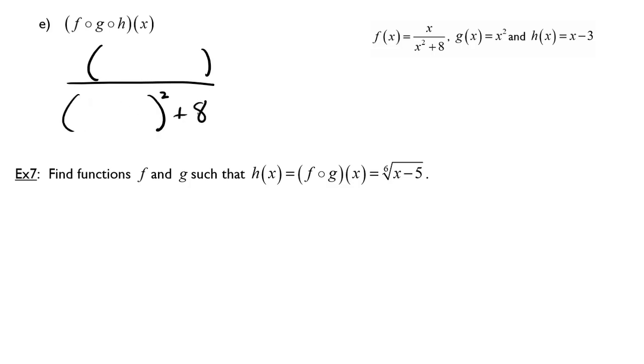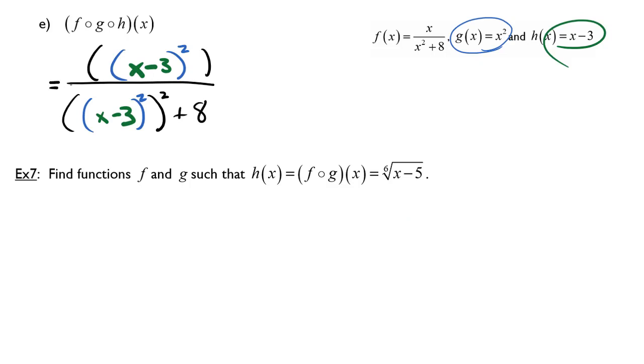Then I'm going to substitute g of x wherever those empty spaces exist. But remember that I also have to substitute h in. Since g of x is x squared, I'm going to set up another set of parentheses inside my first set. I have to raise it to the second power because it's x squared. And now I can substitute x minus 3 into the open space.